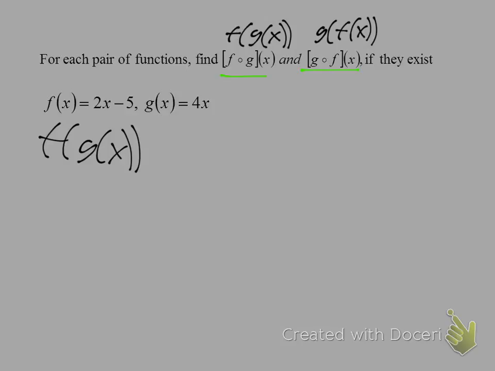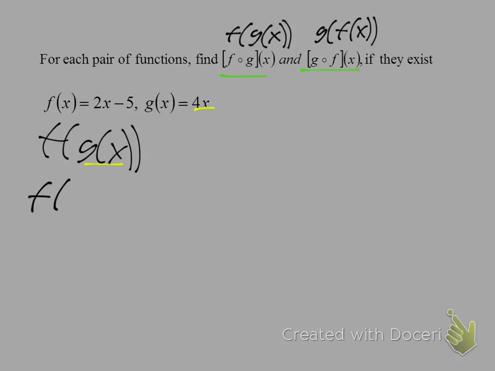So what's g of x? 4x, right? It says it right there. Anybody remember substitution? Remember how that works? y equals this, and we plug this in for y. Same concept. g of x equals this, so plug this in for g of x. So this goes in there.